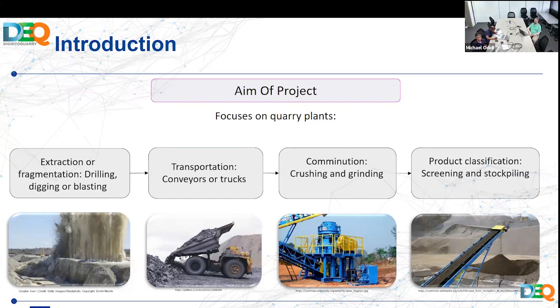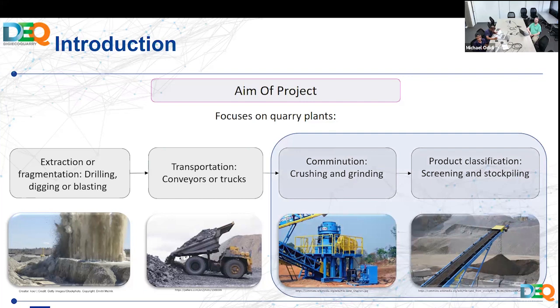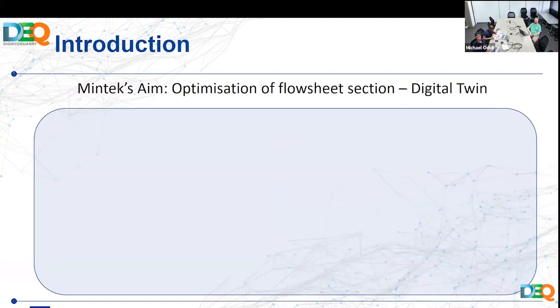And then you have those who are more involved in comminution and product classification. So this is exactly where Mintek is focused. Our work mostly looks at the comminution circuit and the product classification circuit as well.